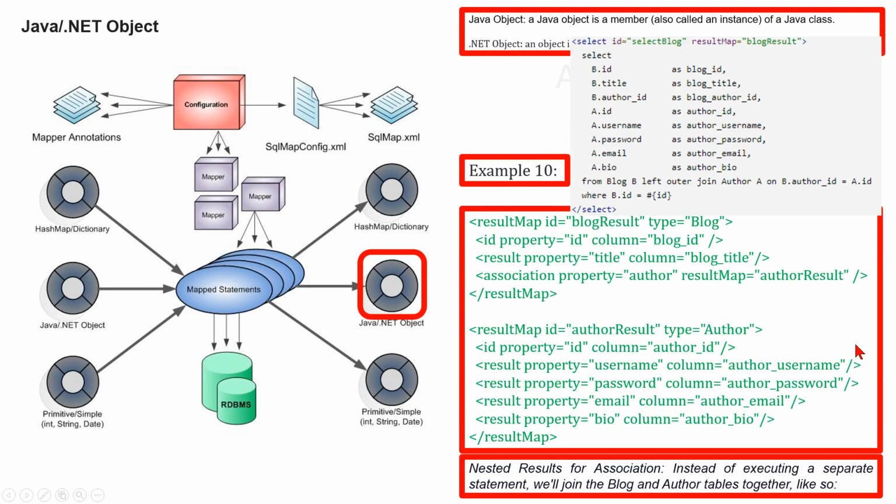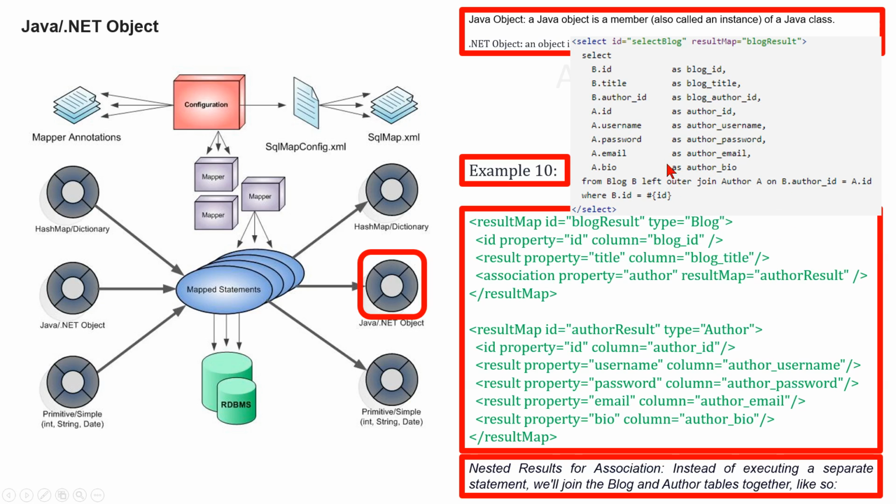Now we are considering nested results for association. Instead of executing a separate statement, we will join the blog and author tables together. We have already seen a very complicated example of nested associations.